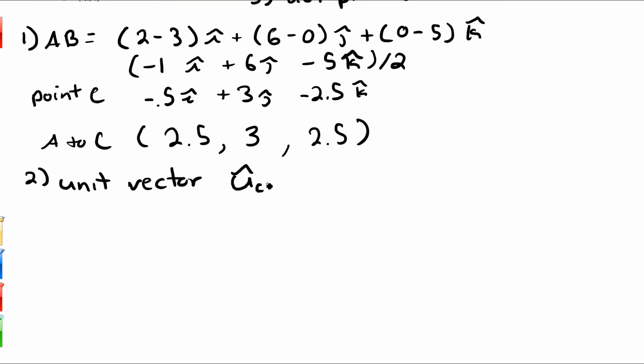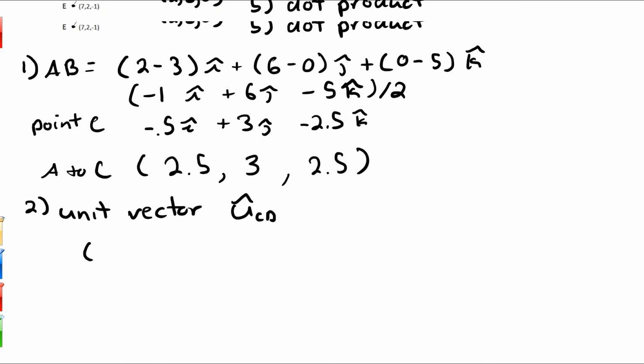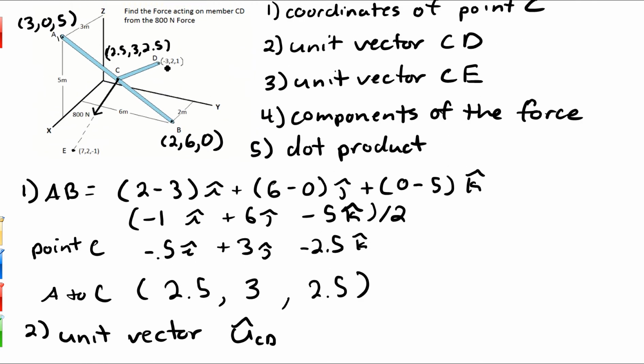U hat CD. Anything with a hat is a unit vector. So this is fairly straightforward. You guys should be getting fairly comfortable with this. So it's going to be the same thing of destination minus origination. We have our destination right here, and our origination is this point C, which is all this up here.